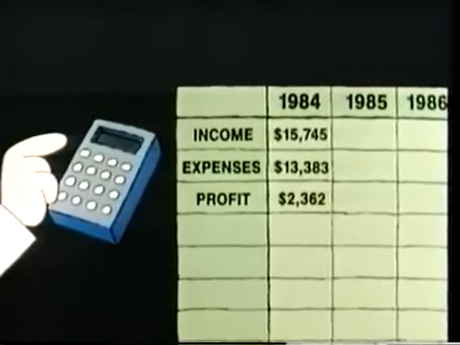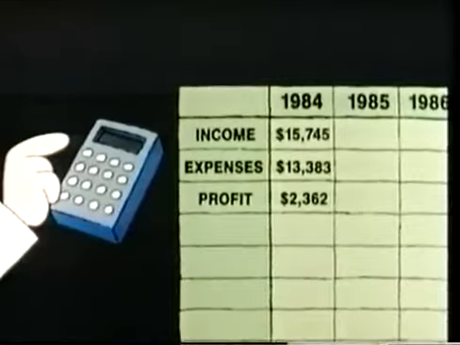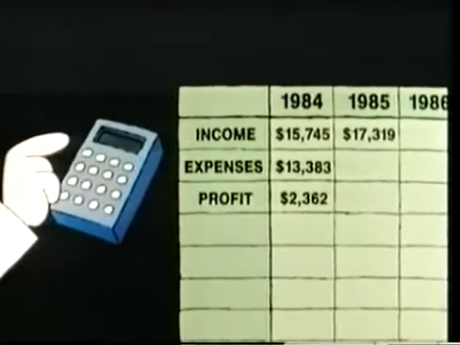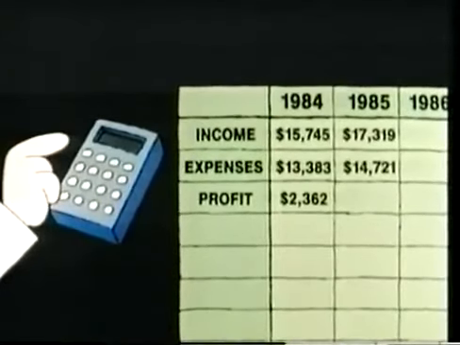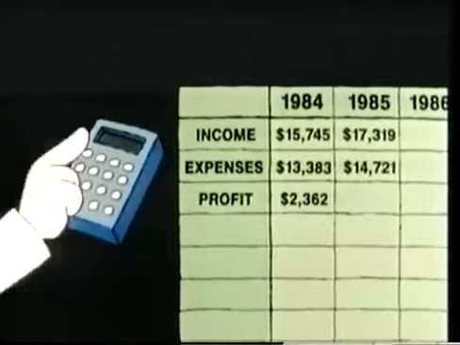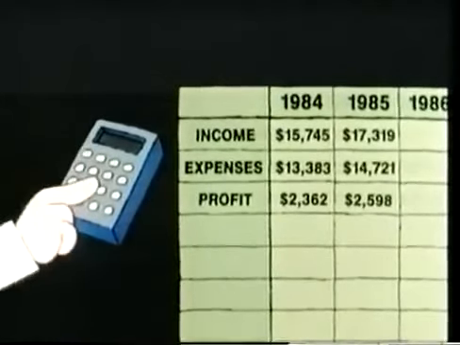If we expect our income to increase by 10% each year, we use our calculator once again to work that out, and then again to work out our expenses, and then yet again to work out our profit, and on until our fingers are numb.